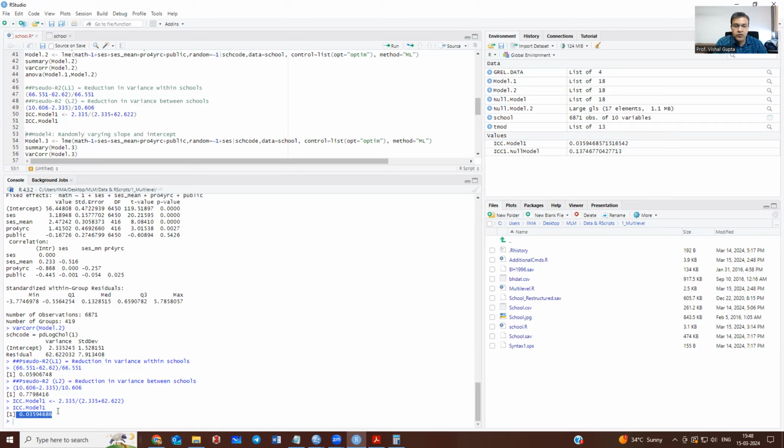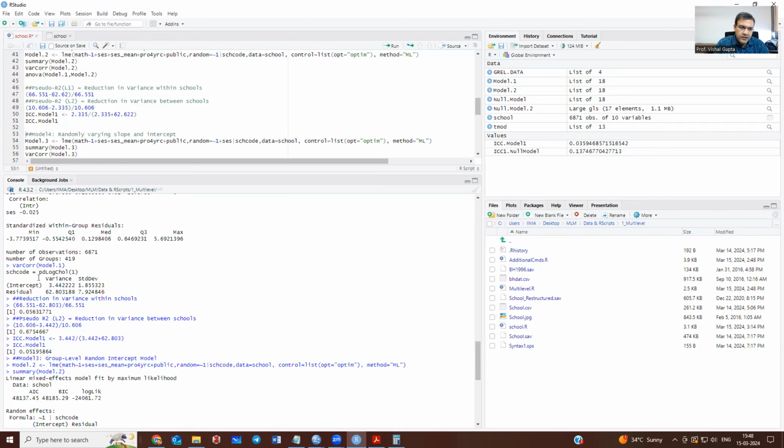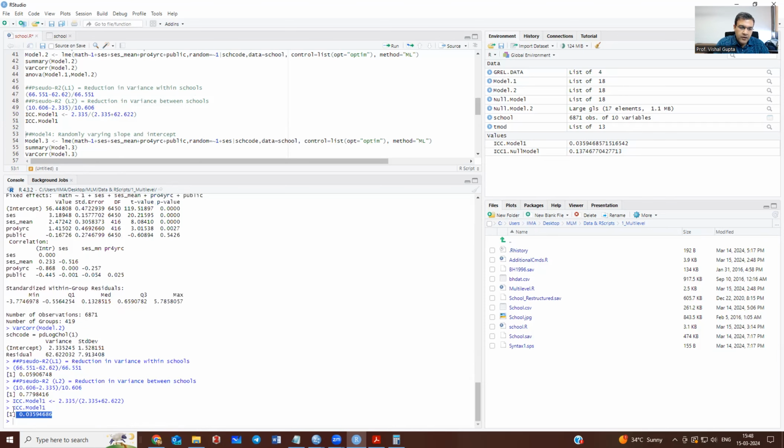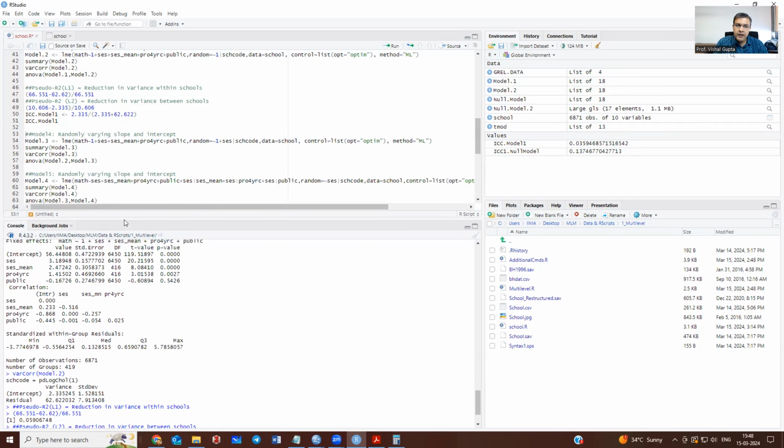That means close to 10%, or we can take the difference, 13.74 minus 3.59, this much, whole divided by this much percentage we have been able to account for. Is this okay, everybody? Any questions?